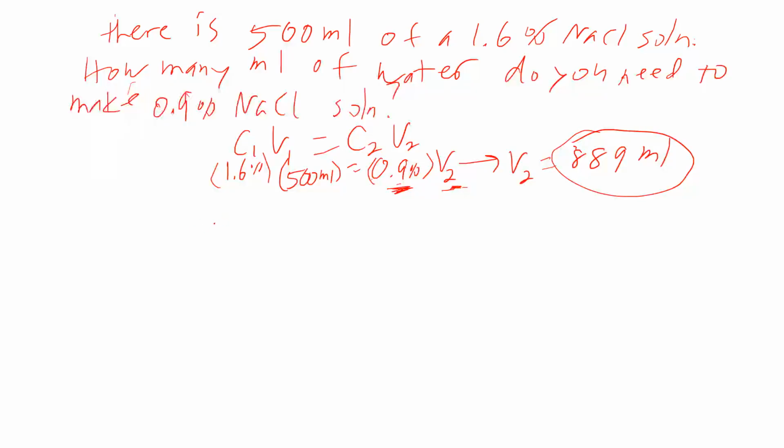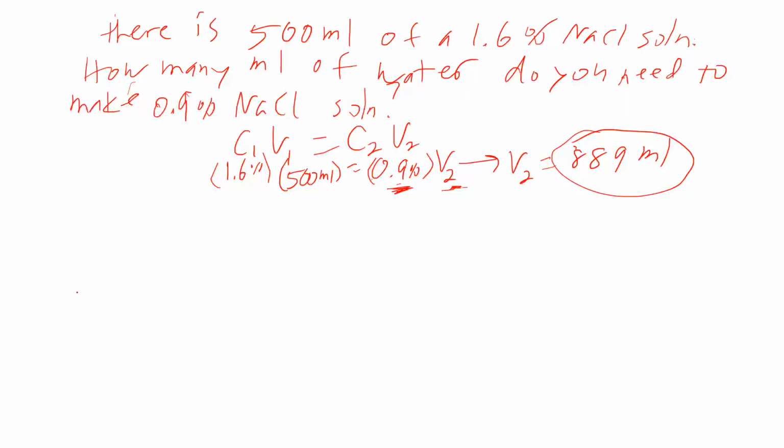So how much of each is going to be in there? Well, we can do that with alligation. There's 500 mils of 1.6%. So let's do alligation and find out the total quantities of each.